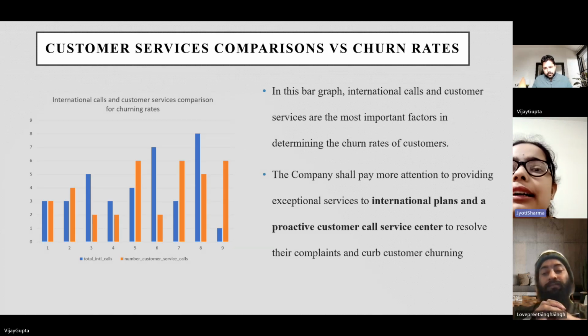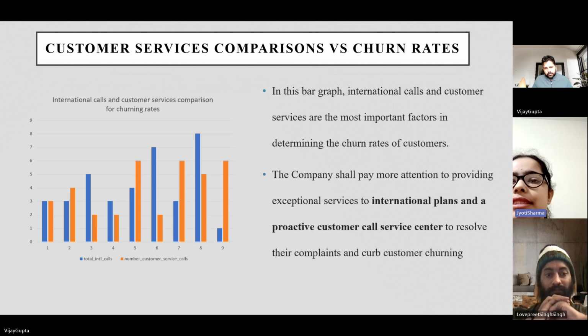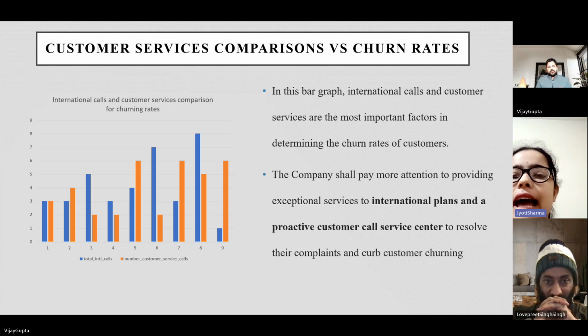So, the next part is customer service comparisons versus churn rate. This part is depicted with the help of a bar graph. In this bar graph, we can see that in determining the churn rate of customers, international calls and customer services play an important role.